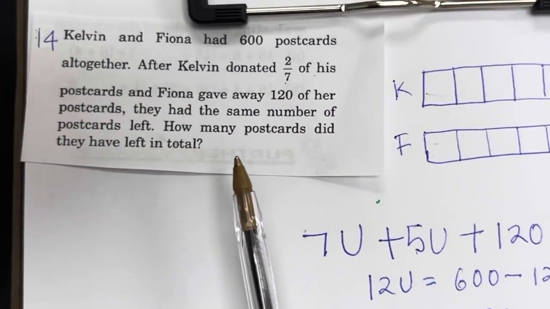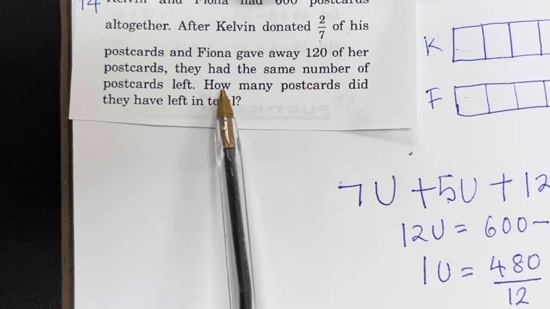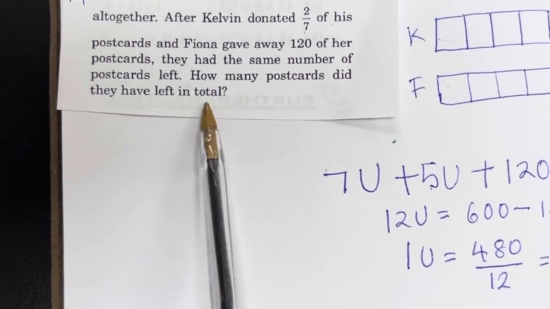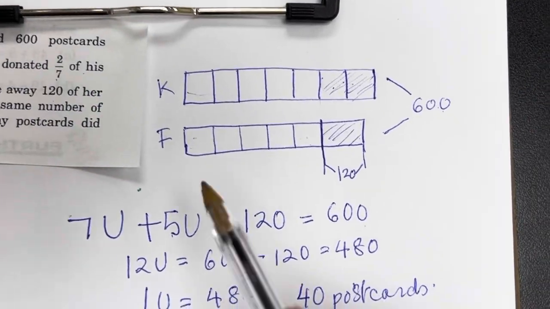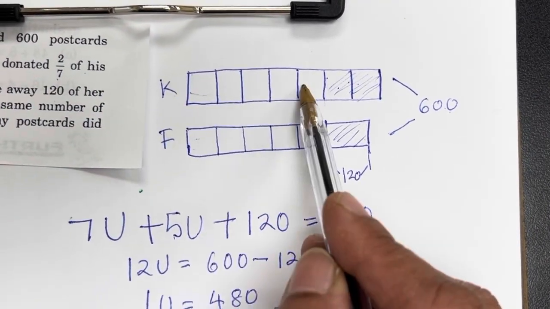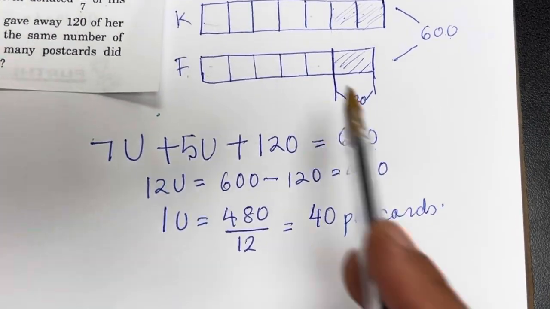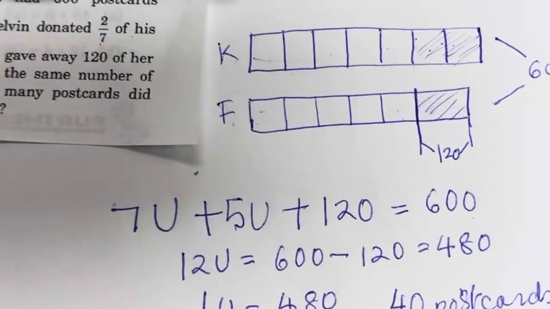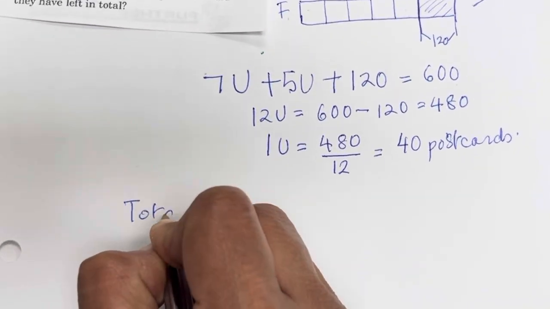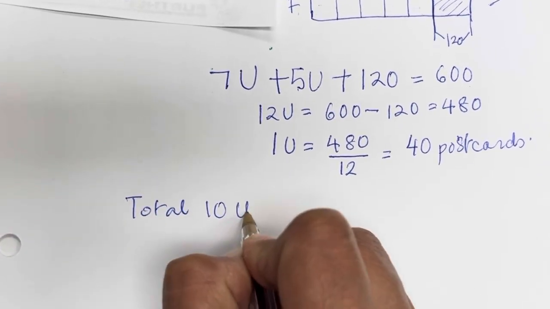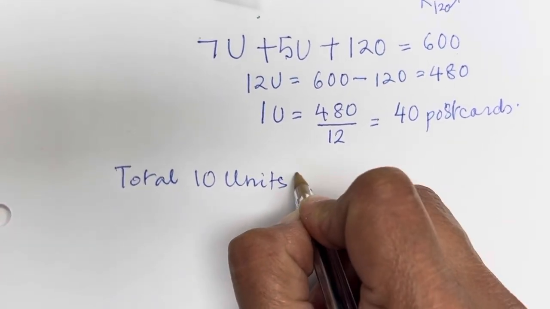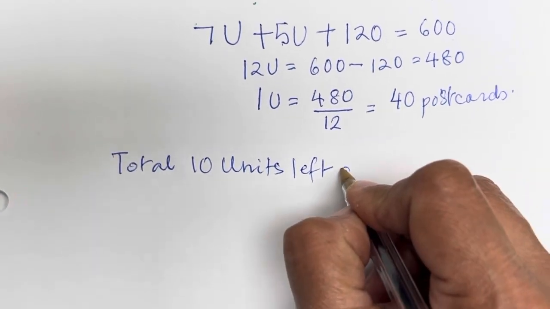What am I solving for? After giving away, how many postcards did they have left in total? So after giving away, Kelvin has 5 units, Fiona has 5 units left. So that means between the two of them, they have a total of 10 units left after donation.